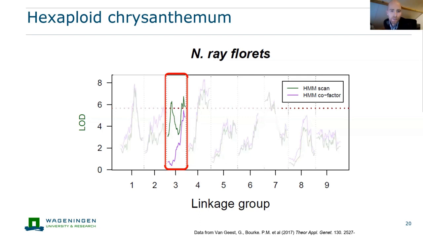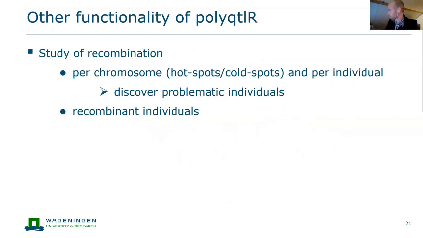And in this case, you see that when we fitted the first of those peaks as a cofactor, the second one, although it drops below the significance threshold, still remains quite an interesting locus. It is being boosted to an extent by the other QTL, but this is clearly an example of where there are 2 QTLs on 1 chromosome for this trait.